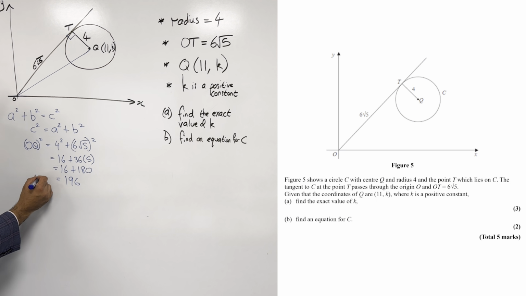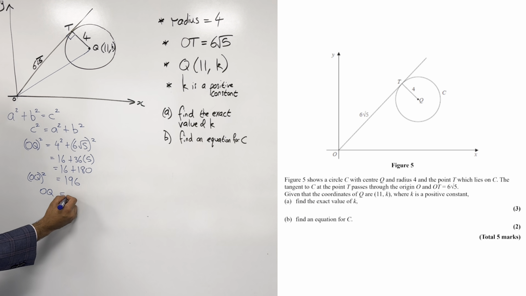So I know that OQ squared is equal to 196. Therefore, the length OQ will be equal to the square root of 196, and that's equal to 14.